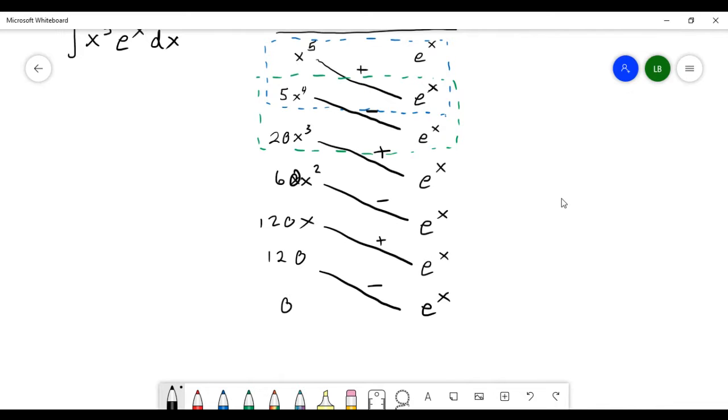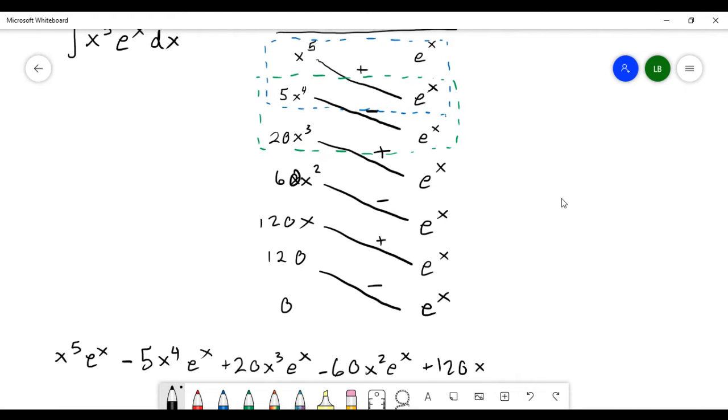We have x to the fifth, e to the x, subtract 5x to the fourth, e to the x, plus 20x cubed, e to the x, minus 60x squared, e to the x, plus 120x e to the x, minus 120 e to the x, and then just plus c at the very end, which would technically be this integral right here.